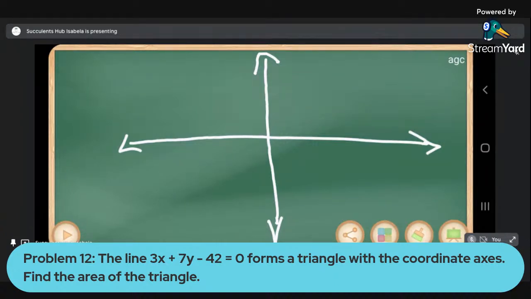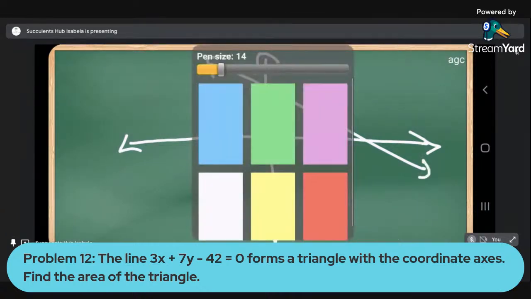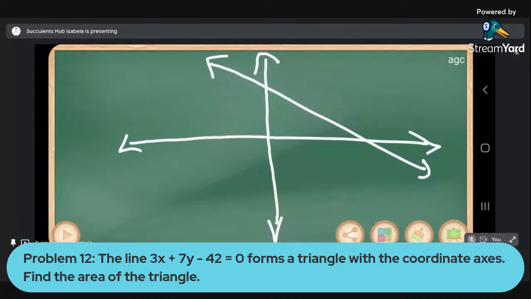Kunwari ito yung line. Okay? So yung line na yan, it forms a triangle with the x and y coordinates. So ito yung triangle na form. Okay, find the area of the triangle.